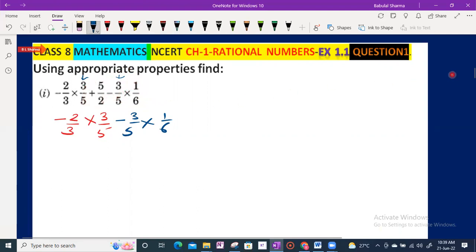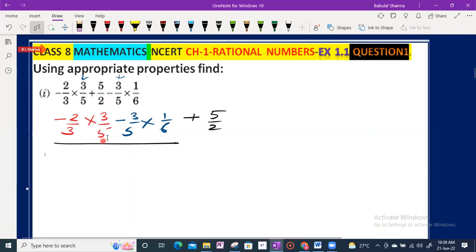So you write here this, and this is plus 5/2. Now in first and second, in दोनों में you can take my 3/5 as common, because 3/5 is here, 3/5 is here. तो इनमें आप common लेंगे.